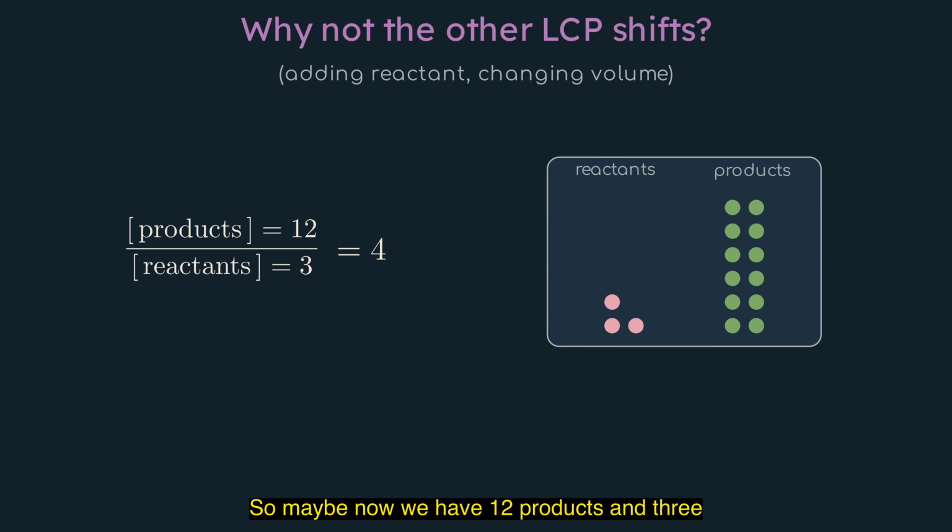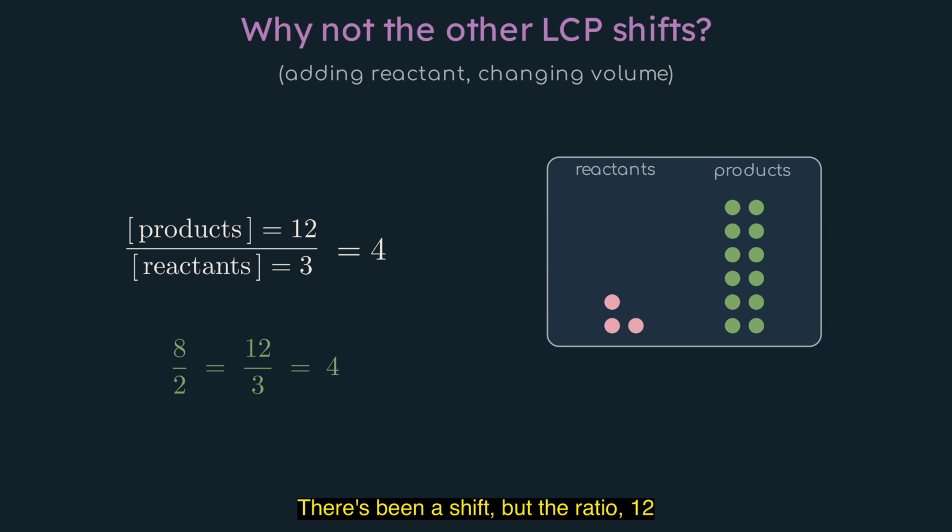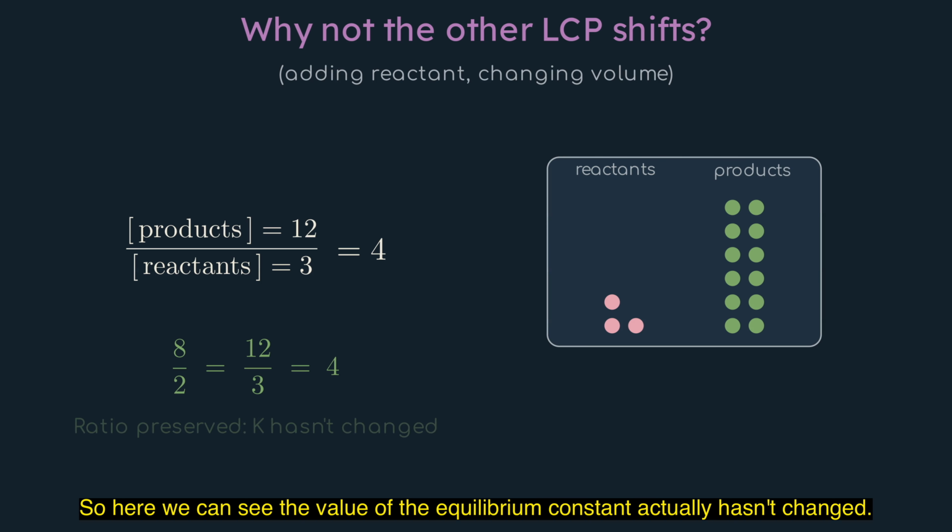So maybe now we have 12 products and 3 reactants. Notice how the concentration of the products and reactants has changed. There's been a shift, but the ratio, 12 to 3, is still 4, which is our original equilibrium constant. So here we can see the value of the equilibrium constant actually hasn't changed.